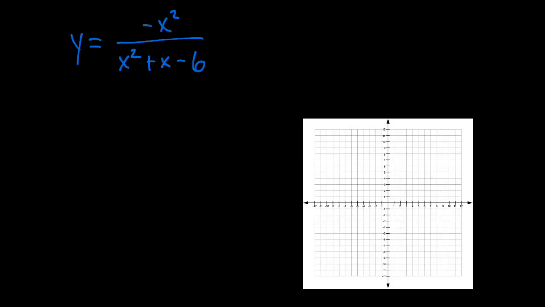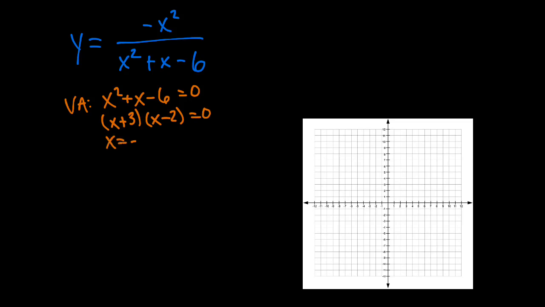Looking at our next one, finding vertical asymptotes there, again, we just look at the bottom part of that. So our vertical asymptotes, to find those, we will set x squared plus x minus 6 equal to 0. We'll solve this by factoring. This factors into x plus 3, x minus 2.